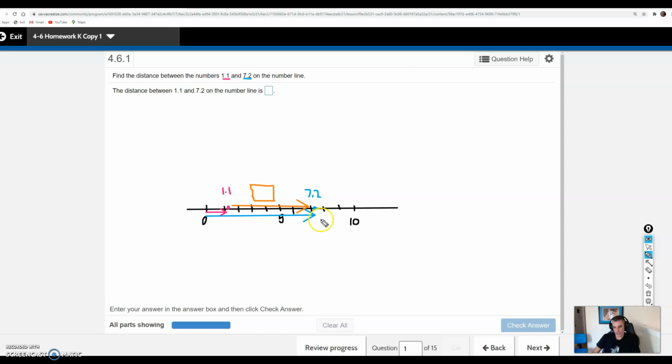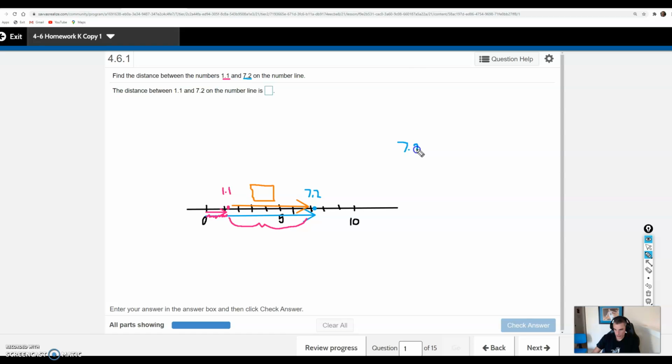So I think you guys can see pretty clearly here. Well, the blue arrow goes all the way from 0 to here. So if we just subtract off the 1.1, the part that is remaining, this part right here, is the distance between these two numbers. So really this problem just comes down to 7.2 minus, that's the big blue arrow, right? Maybe I should write that in blue.